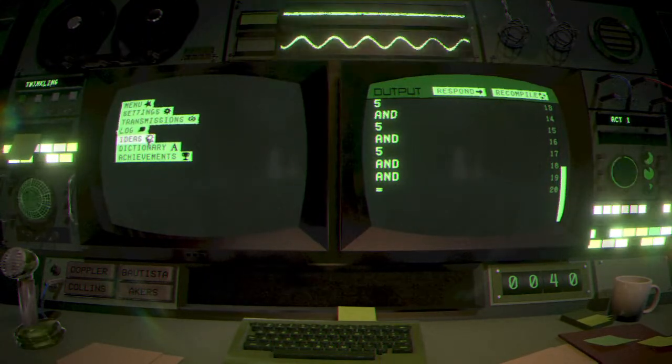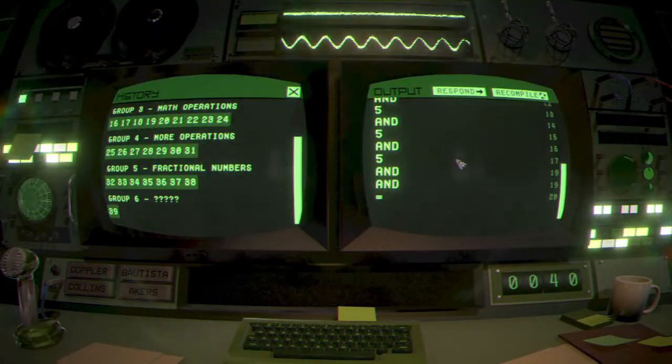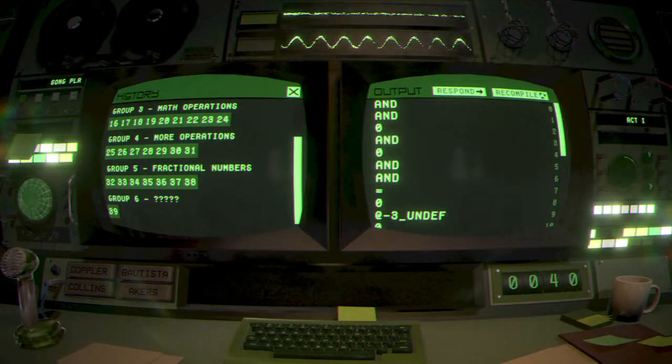So sometimes their ideas suck. Well, anyway.